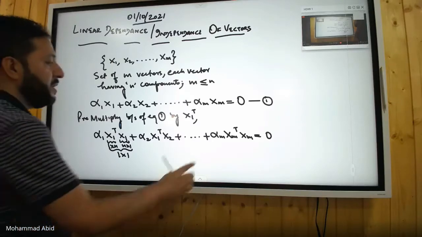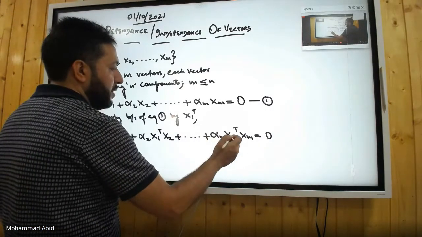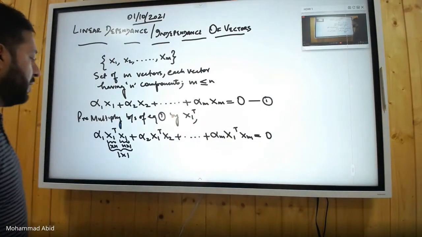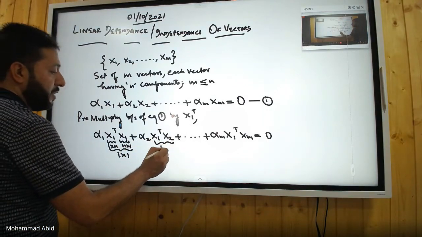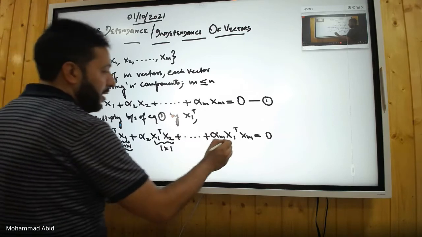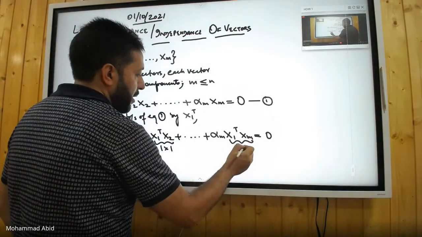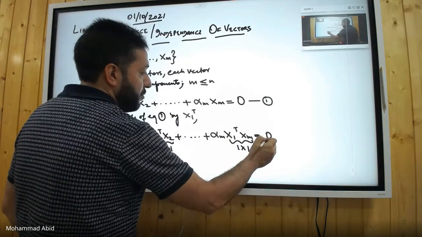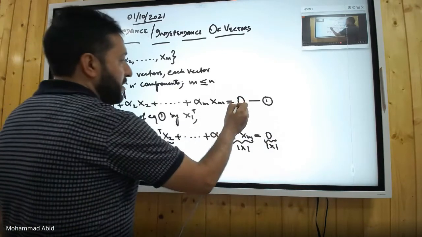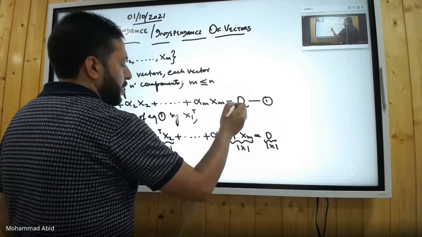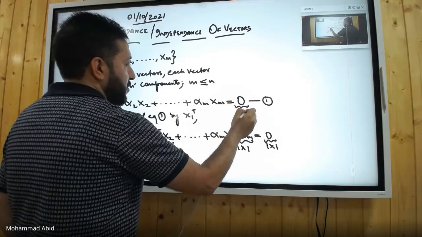Sir, in the last term it is the transpose of x1. Okay, okay. Here this is x1. So it's actually 1 cross 1. Each term actually comes out to be 1 cross 1 here, isn't it? So this becomes a scalar 0. This is a vector 0, wherein the size of this vector is 1 cross n.